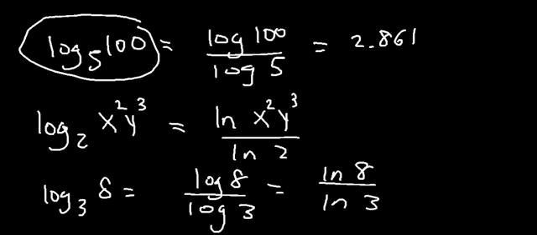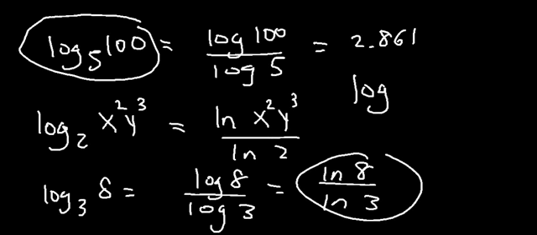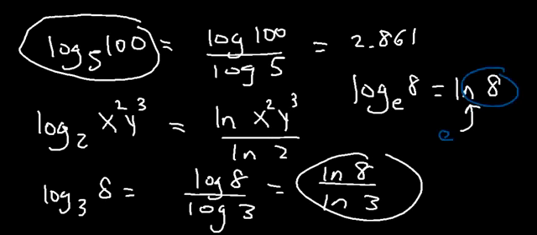By the way, if you're wondering what's the difference between log and natural log, they're very similar. Whenever the log has a base e, it becomes a natural log. That's it. The natural log is specific. The base of any natural log is always e. That's what's special about it.